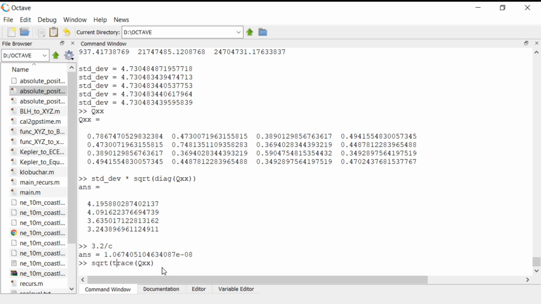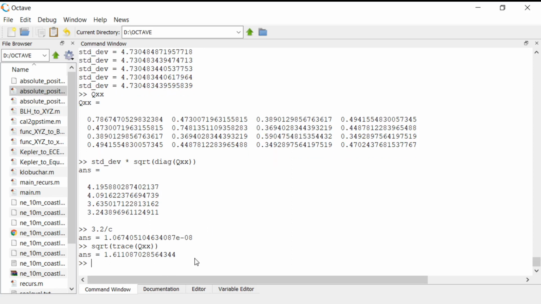Trace means you sum the diagonal elements, 0.78 plus 0.74 plus, and so on, so the 4 terms will be added up. So now let's apply this. This number is called the geometric dilution of precision.